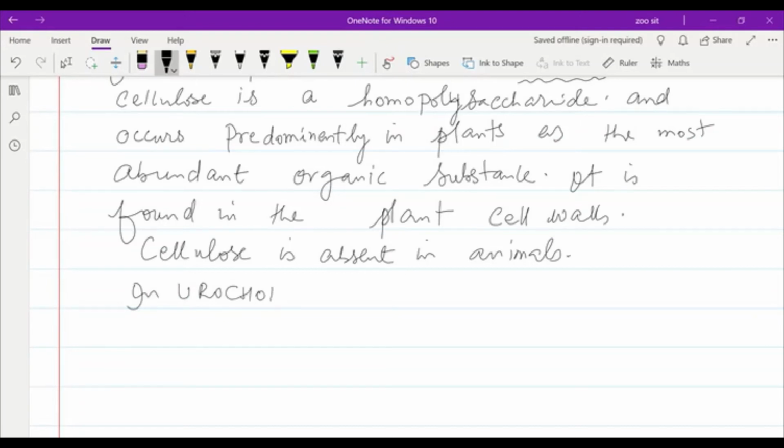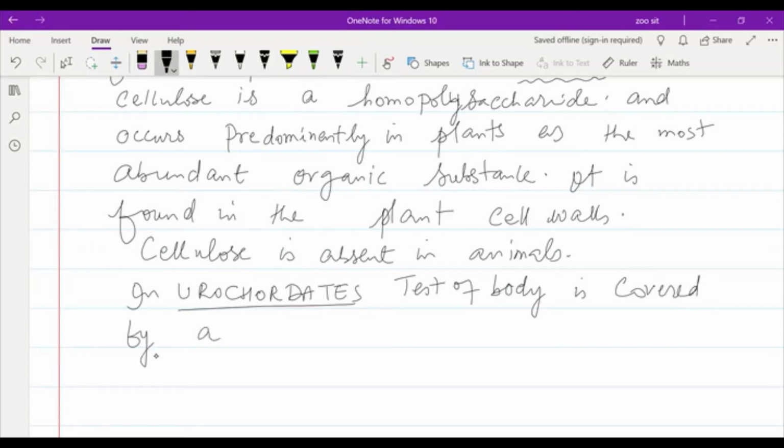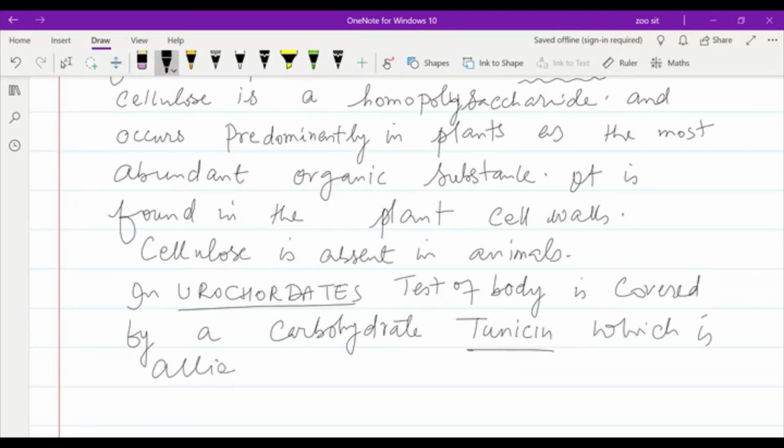In Urochordates, the test or tunic of the body is covered by a carbohydrate called tunicin, which is allied to cellulose.